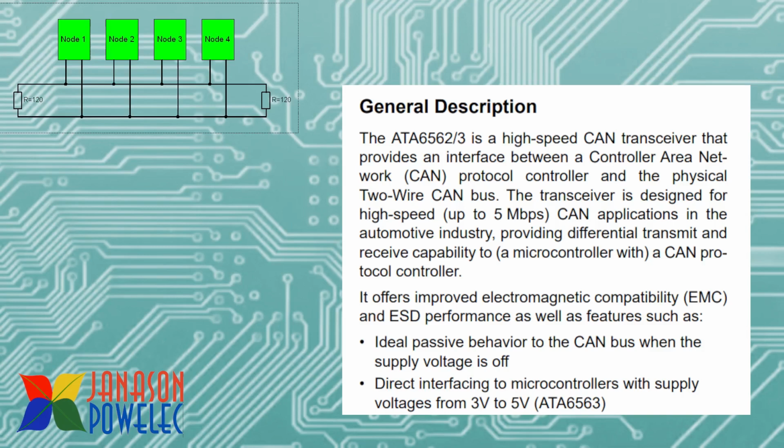CAN application in the automotive industry provides different transmit and receive capability to a CAN protocol controller. It offers improved electromagnetic compatibility and ESD performance, as well as features such as ideal passive behavior to the CAN bus when the supply voltage is off, and direct interfacing to microcontrollers with supply voltage from 3 volt to 5 volt.